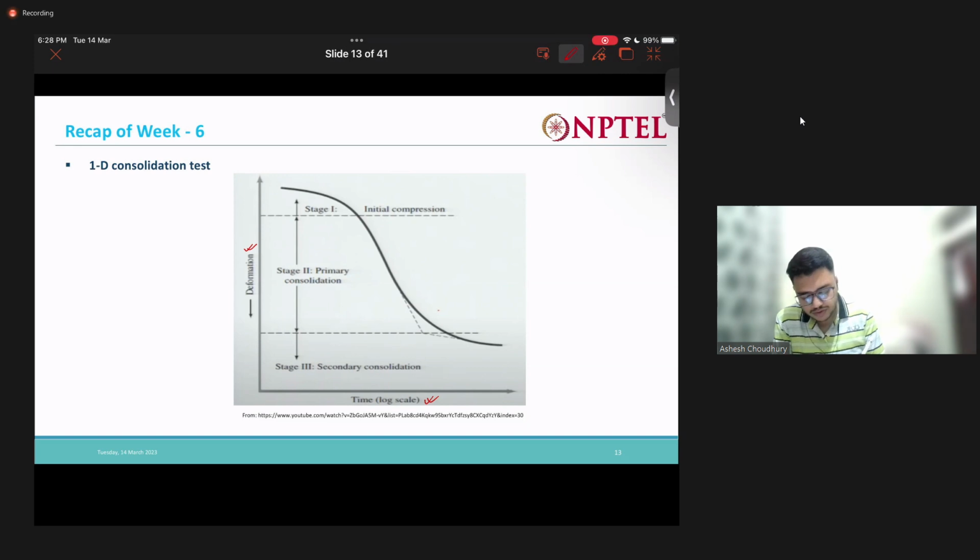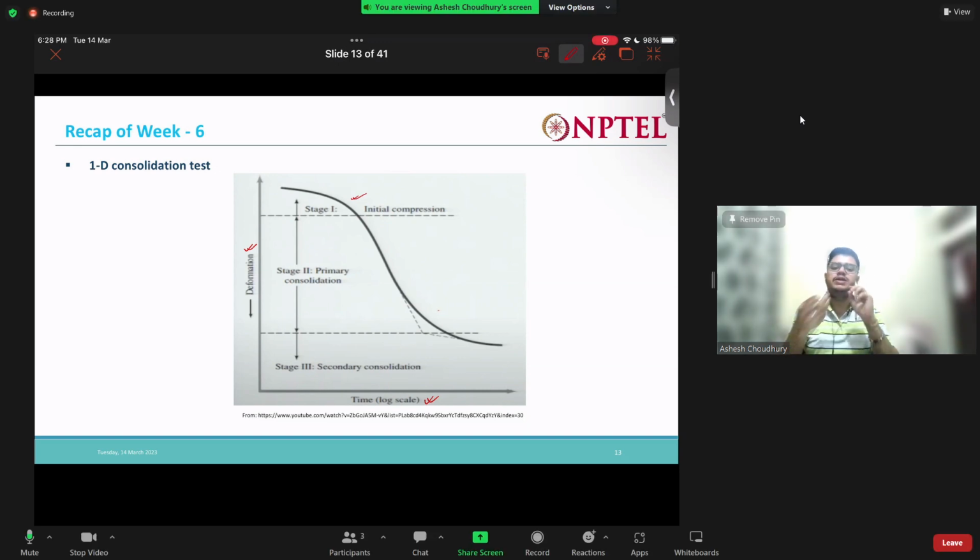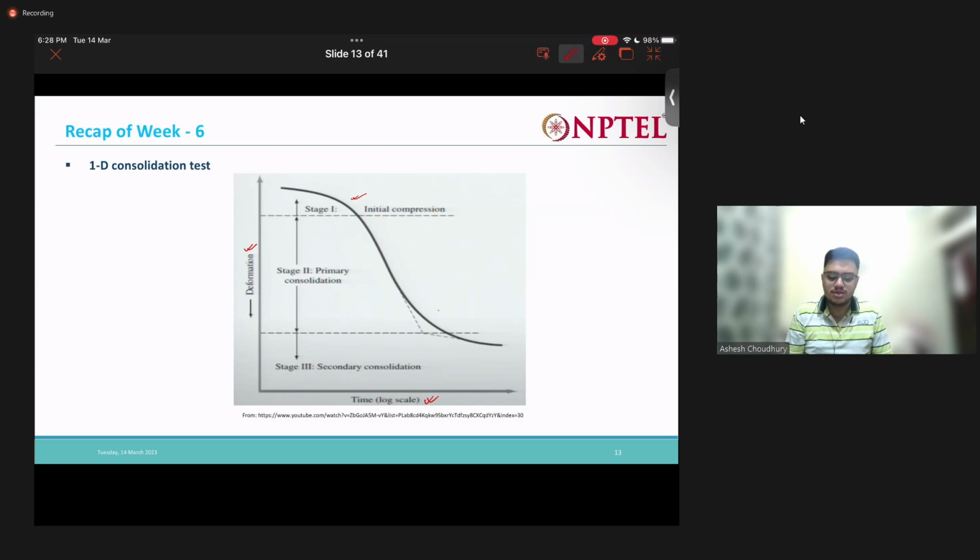Initially if you plot the graph, you will see that this first stage is the initial compression, because due to the readjustment of the soil particles, soil grains, there is some initial compression. Then after the initial compression, there is a part known as the primary consolidation, which takes place due to the dissipation of the pore water pressure, the expulsion of the pore water.